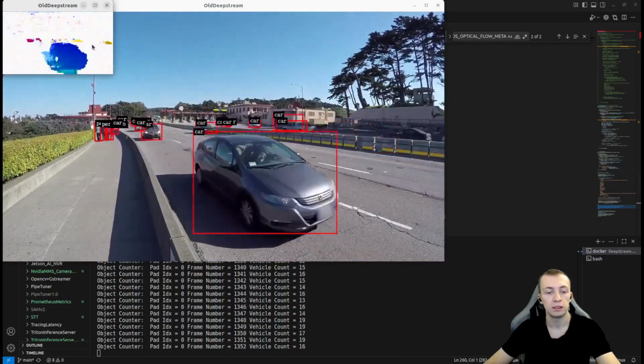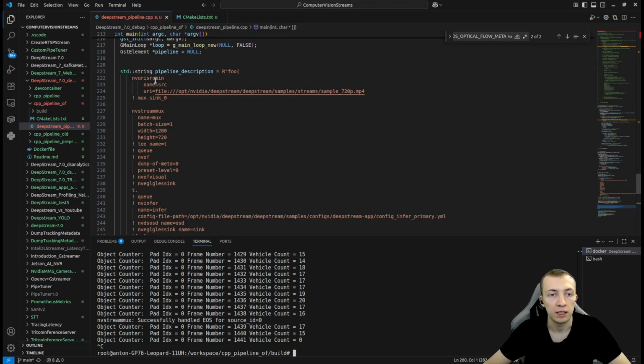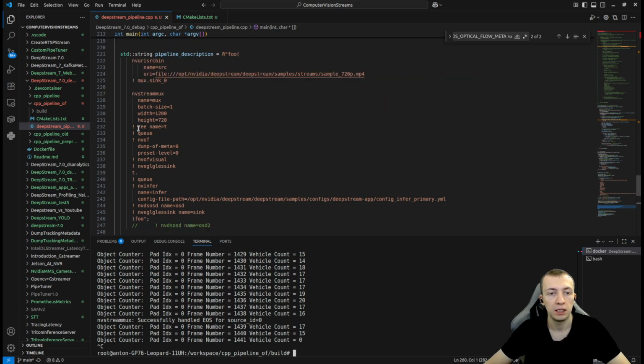How to add the optical flow plugin to the pipeline? We start with NVIDIA source bin, then chain with NVStreamMux, and here I use the tee element that can split the workflow into independent workflows. In the first one, we will compute optical flow with default parameters, visualize the optical flow and output it in the window.